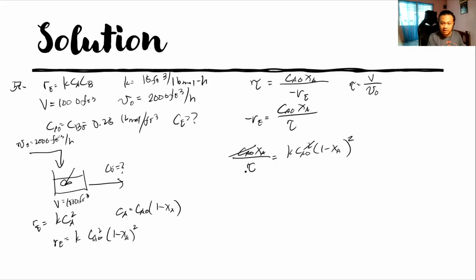So this is squared di. So let's move all of the excess to the other side, and we have tau K CA0. Okay, and also we know that tau is the volume over volumetric flow rate, or the residence time.